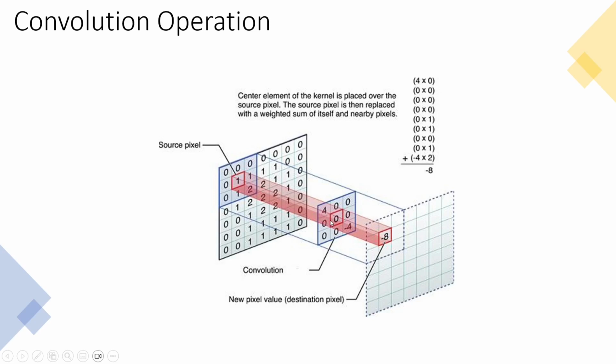So let's make this an example. We put our convolution kernel on top of this part of the image.